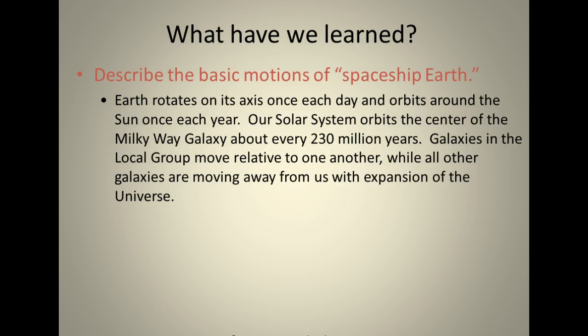We said that it took our own solar system 230 million years to orbit the center of our Milky Way galaxy. We also referred to galaxies in a local group that move relative to one another, or neighborhoods, while all other galaxies are moving away from us with the expansion of the universe. So check and make sure that's in your notes as well.